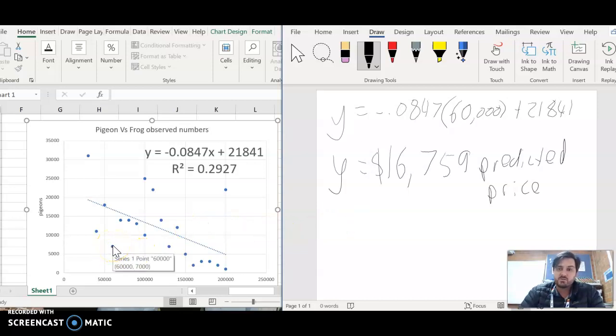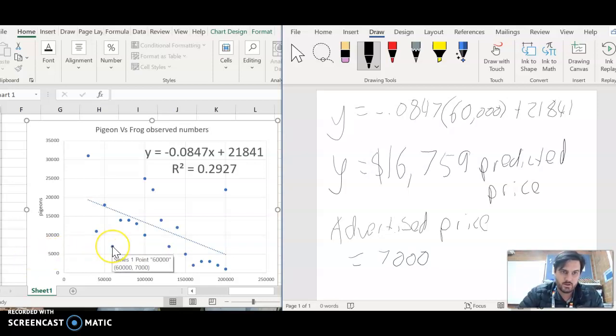Now, this is where the value part comes in. We know that the purchase price, or the advertised price, you can call it either, equals $7,000, which is that little point down there. So 60,000 kilometres and $7,000 it's going to cost.